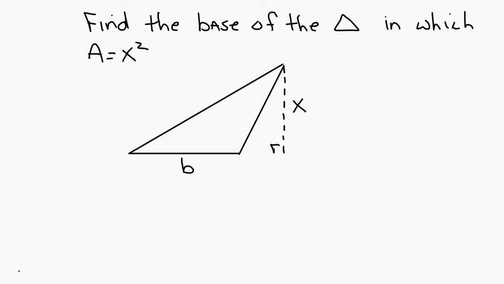And this is the base down here that you're trying to find. And if area equals 0.5 times the base times the height, you can substitute. So the area of this triangle is equal to x squared. So where the A is, you replace it with an x squared. 0.5 times the base times the height, which is x.